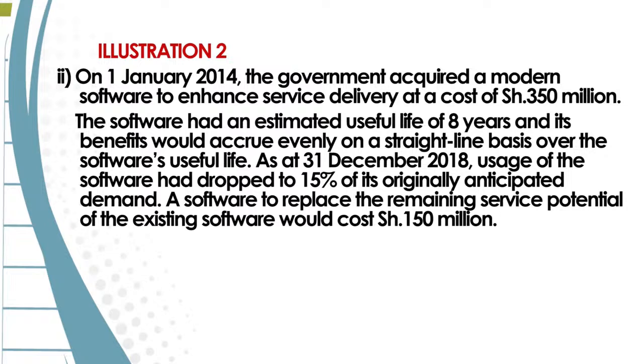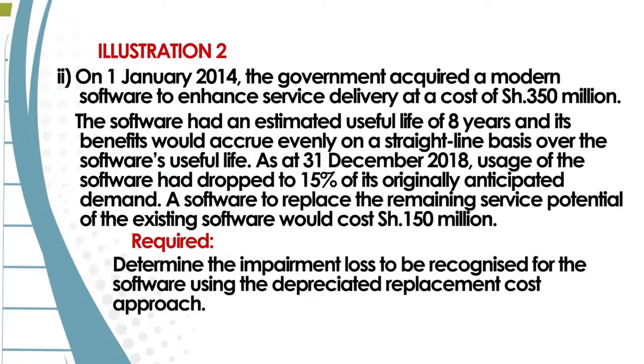As at 31st of December 2018, the usage of the software had dropped to 15% of its originally anticipated demand. A software to replace the remaining service potential of the existing software would cost 150 million. So what are we required? We are required to determine the impairment loss to be recognized for the software using the depreciated replacement cost approach.